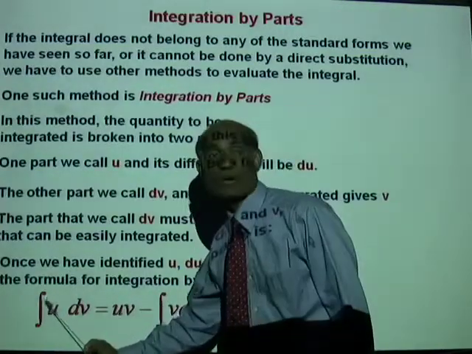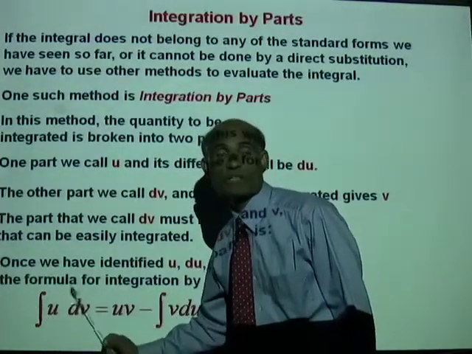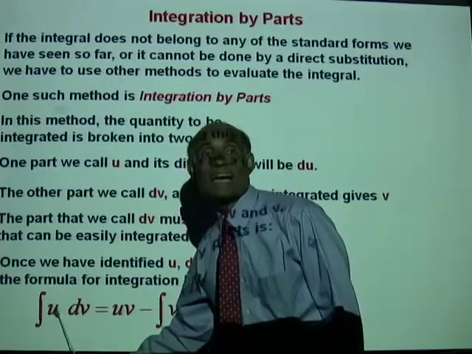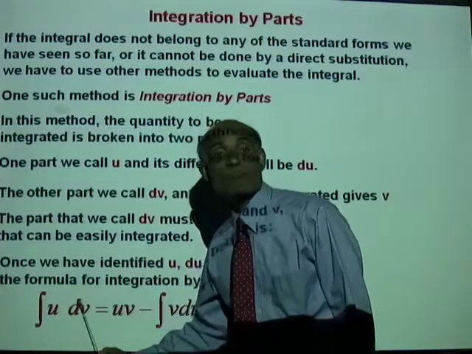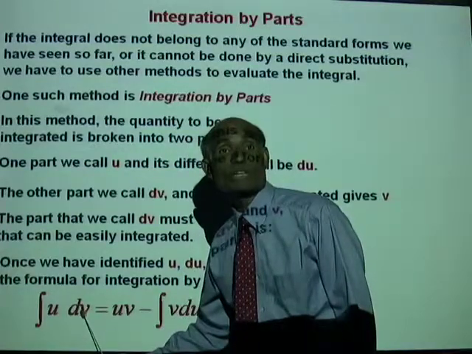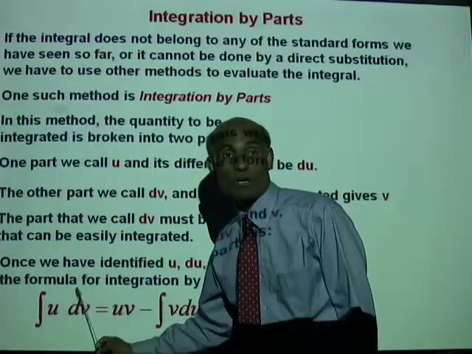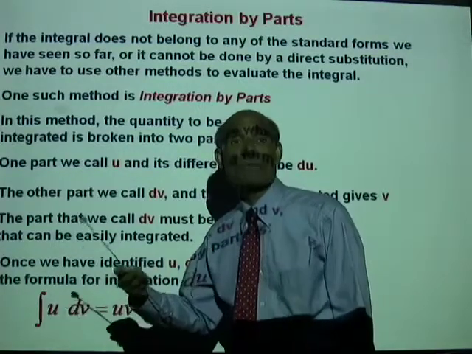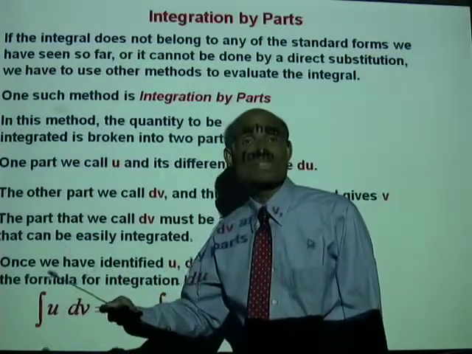So, once you have a quantity to integrate, we identify one part of it as u, and the other part will be called dv. Now remember, the part that you call dv must be a form that can be easily integrated.